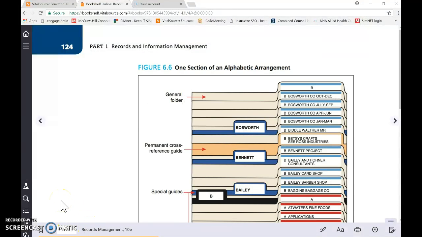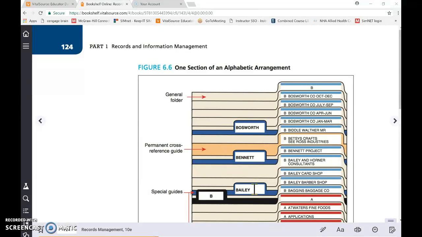The next thing this chapter talks about are guides. If you're looking at an alphabetic guide, your primary guide is usually your letter of the alphabet. So B would be your primary guide. Then they would have a secondary or specialty guide behind it. So in this case, they had a lot of Baileys. So instead of grouping them with all the other Baileys, or everything else in the B's, they wanted to separate it out.